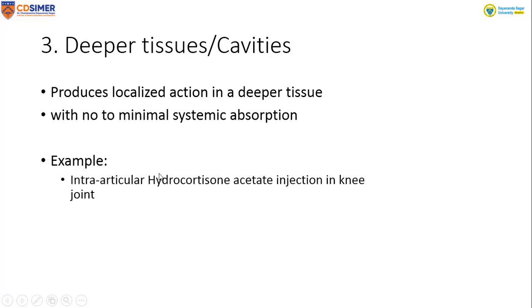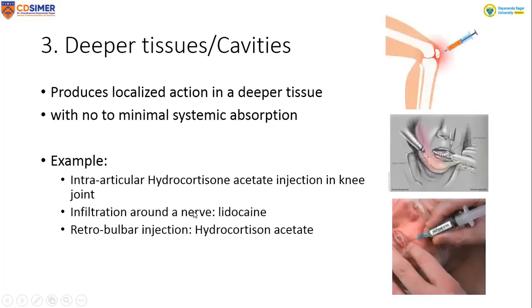We may not expect any absorption systemically. As I said, intra-articular hydrocortisone acetate injections in the knee can be easily given, and with infiltration around a nerve using needles, local anesthesia can be given. You can see here the intra-articular administration of hydrocortisone acetate.